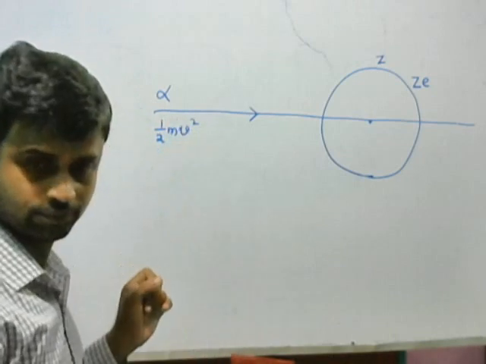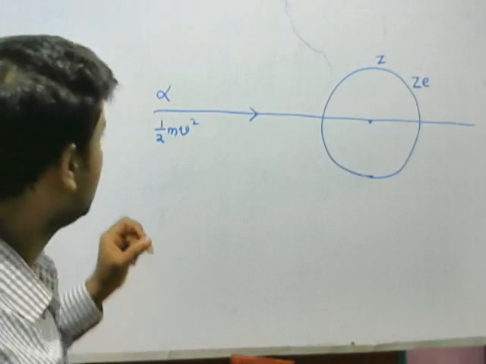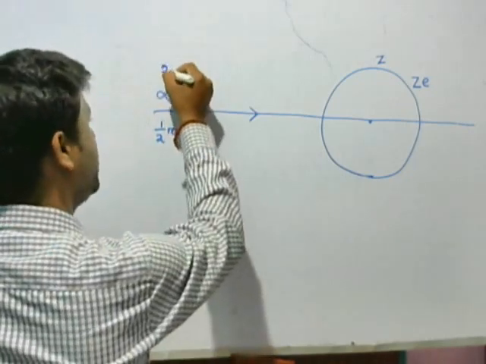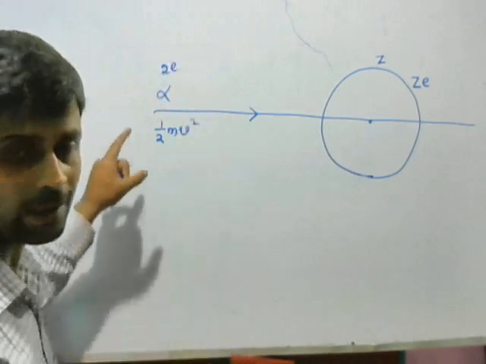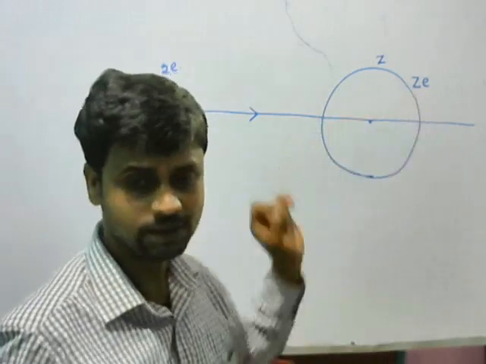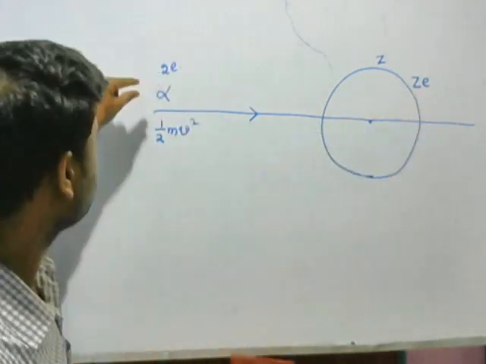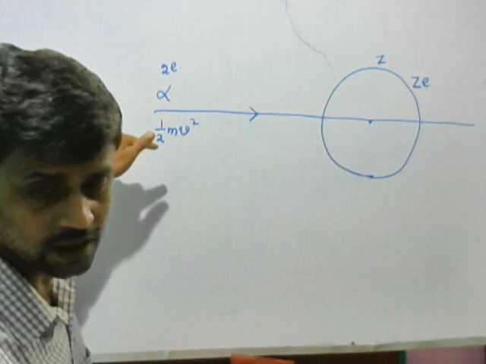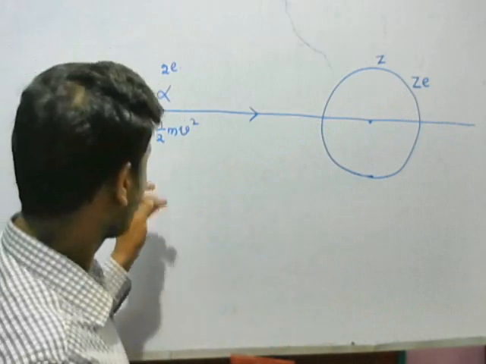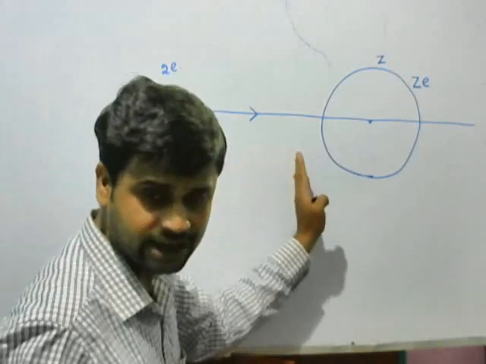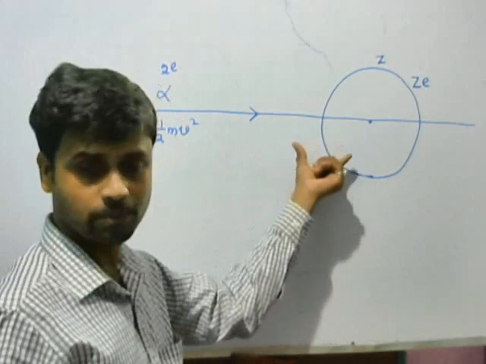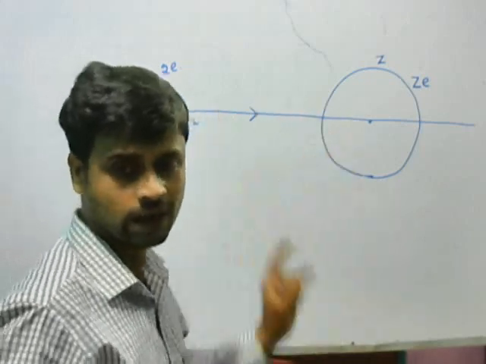Clear? And you all know the charge of the alpha particle is 2e. Here the alpha particle is positively charged and the nucleus is also positively charged. The alpha particle, when projected with half mv square kinetic energy, its kinetic energy decreases on approaching the nucleus due to the Coulombic force of repulsion between the nucleus and the alpha particle.